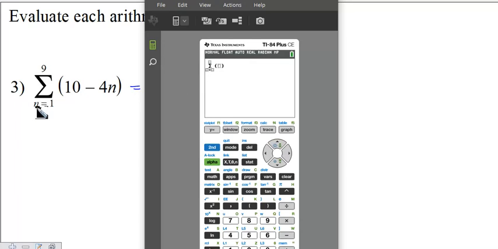Now you may notice they're using a variable n. I'm going to recommend that you just use the x. All right, now that you've put everything into the calculator, hit enter, and you know that the sum of these 9 terms is -90.